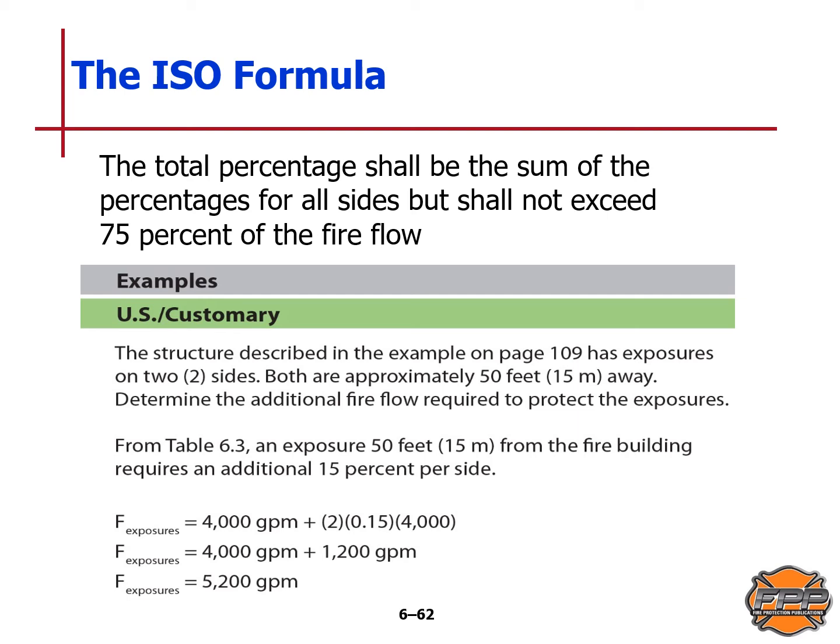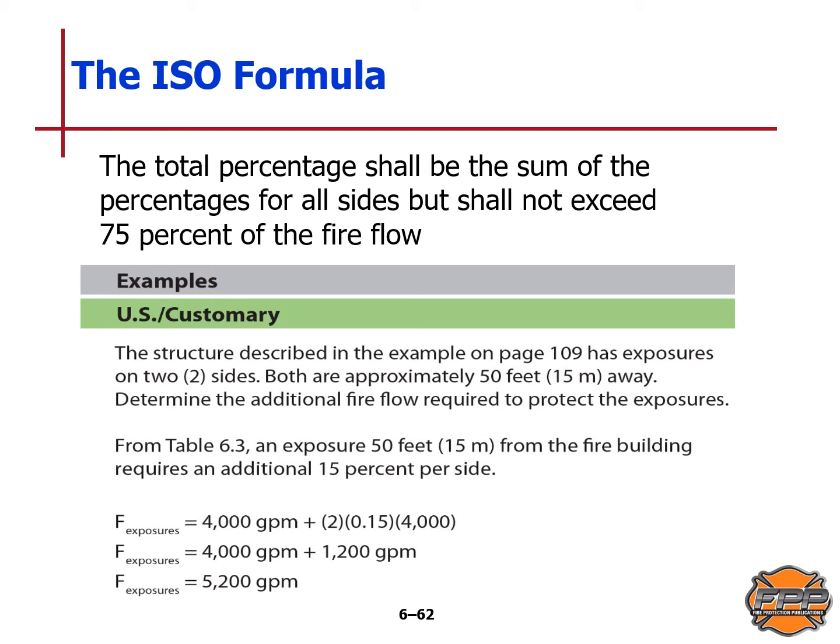So if you recall from table 6.3, and you can look at it in your book, an exposure that is 50 feet or 15 meters from the fire building requires an additional 15% per side. So if we take flow with exposures, that equals 4,000 gallons per minute, which was our basic total from previously, plus 2 exposures, times 0.15, which is 15% per side, times your 4,000 gallons per minute.